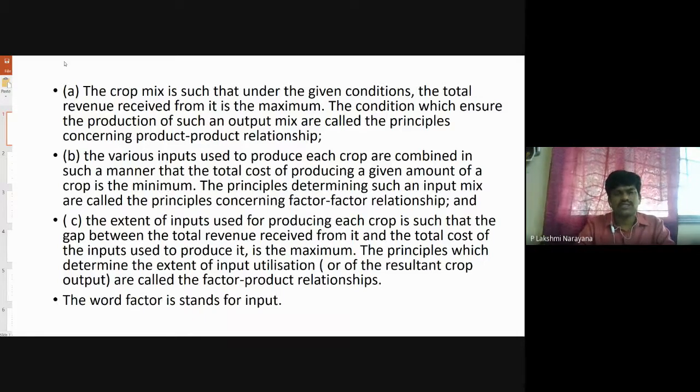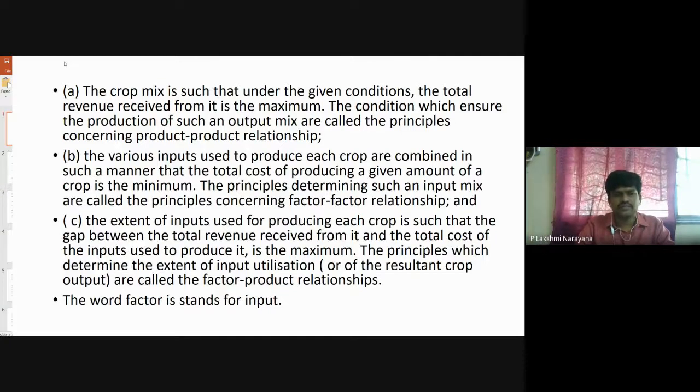The second one is that the various inputs used to produce each crop are combined in such a manner that the total cost of producing a given amount of a crop is the minimum. The principles determining such an input mix are called the principles concerning factor relationship.